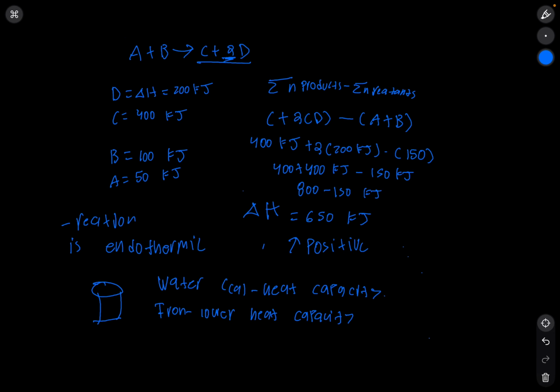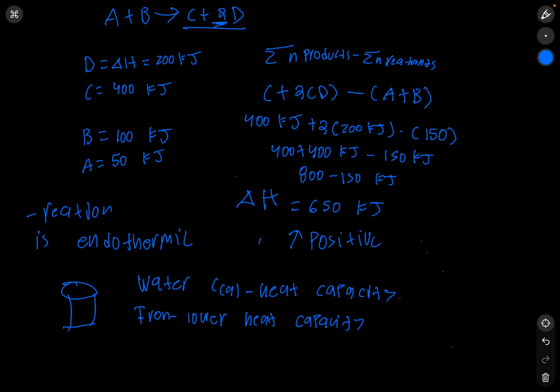If you were to heat both of these up by, let's say, a change of 10 degrees Celsius, you'll see that it takes more energy for the water to do that instead of the iron. This would mean that water is somehow more endothermic, something like that.